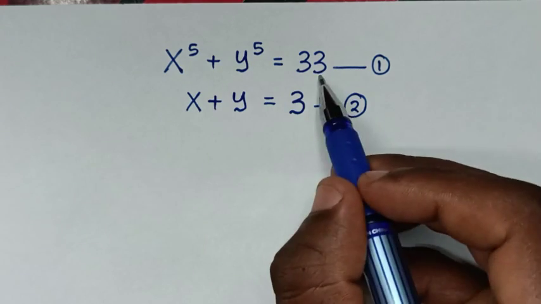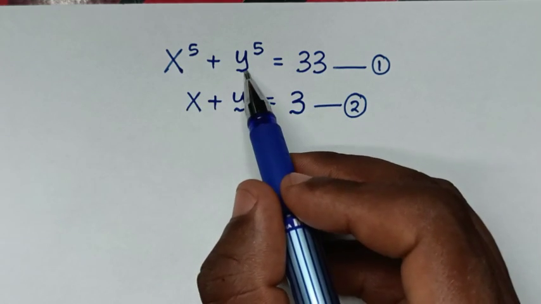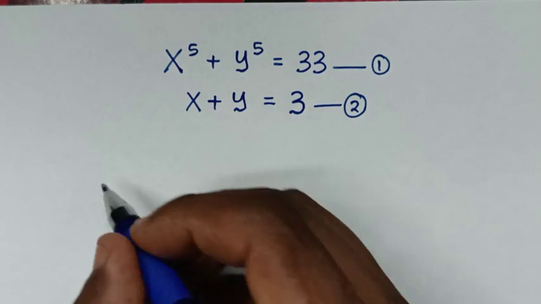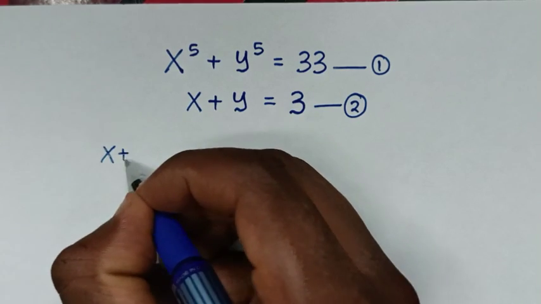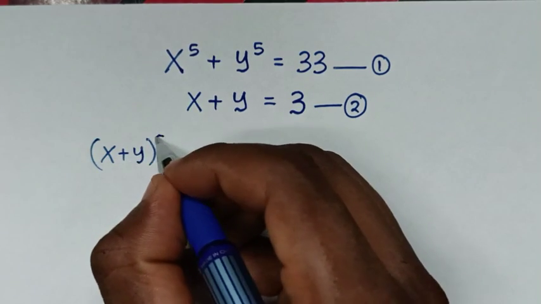Then from equation 1, x power 5 plus y power 5 is the expansion of (x plus y) power 5.